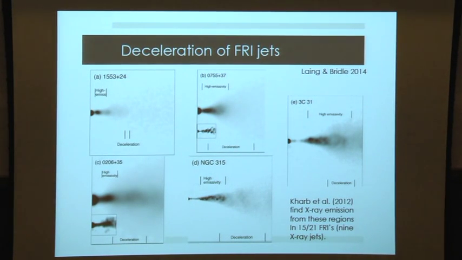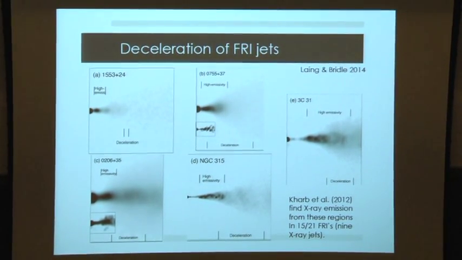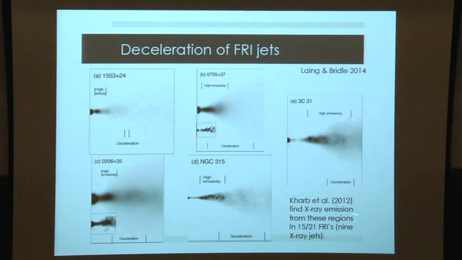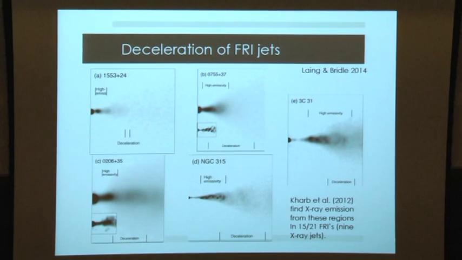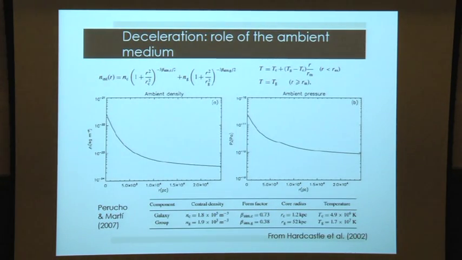So there is a process of dissipation of kinetic energy that turns on the emission of the source and ends up with the deceleration of the jet. Also, Kharb et al. found X-ray jets in 15 out of 21 FR1s. And this again goes in the same direction: there is a process of dissipation of kinetic energy into internal energy and eventual emission.